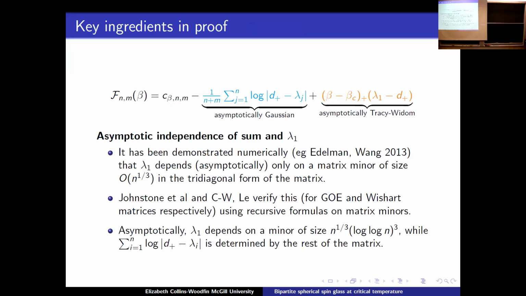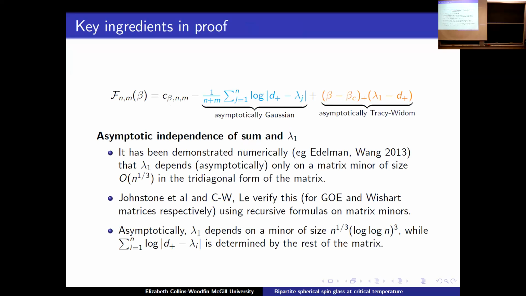Little o of n for what? Yeah, so I think the tricky part is that you have to balance these two pieces. If you make the corner bigger for the largest eigenvalue, then you have to shrink the part that you're allowed to use for the sum on which you're getting the CLT.